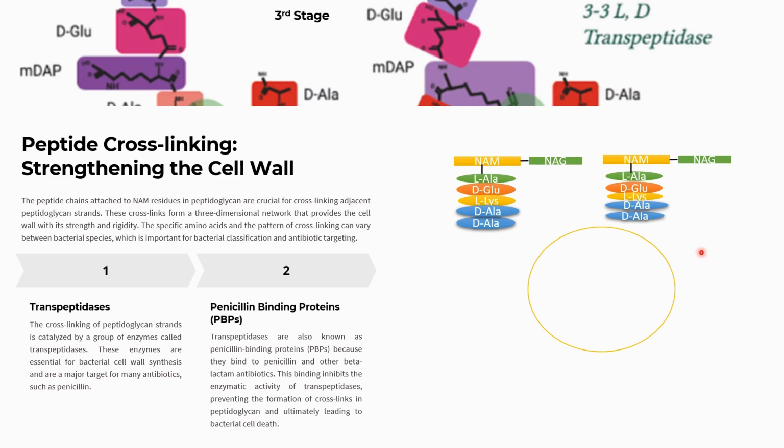Therefore, in this stage, the bacteria utilize the enzyme transpeptidase to cross-link these peptidoglycans with the help of 5-glycine residues, which provide structural support after the cross-linking.